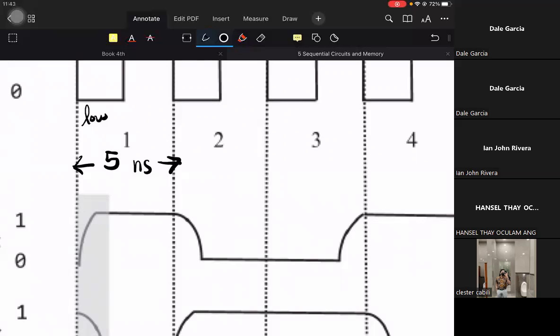So how about now, how much is the clock of our CPUs? Clock speed is important for consideration when purchasing or even building our own computer units. So the clock speed of, let's say, an i7 is 3.6 gigahertz.